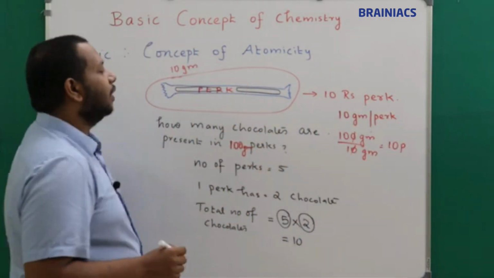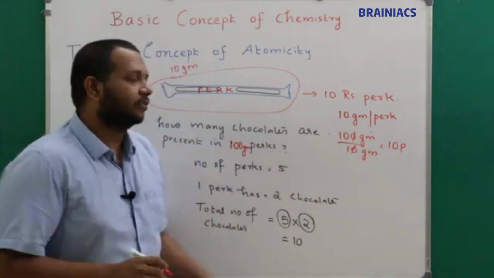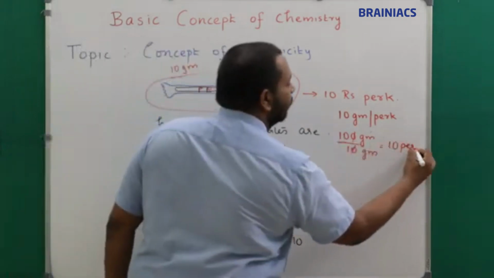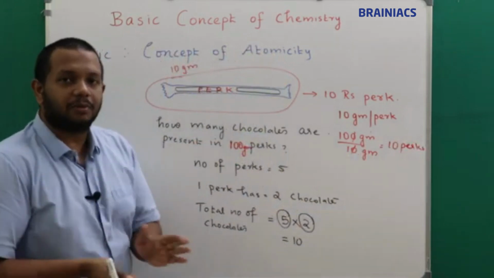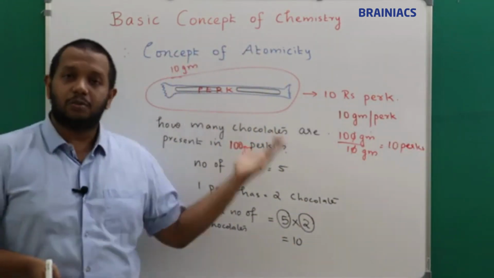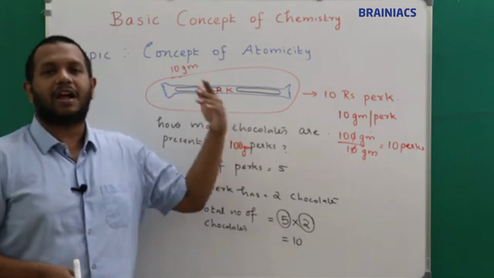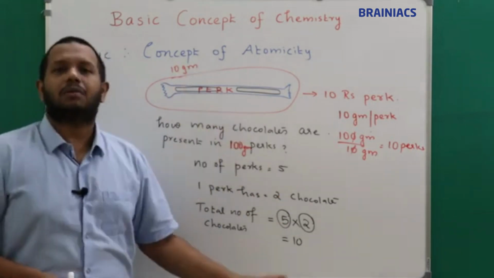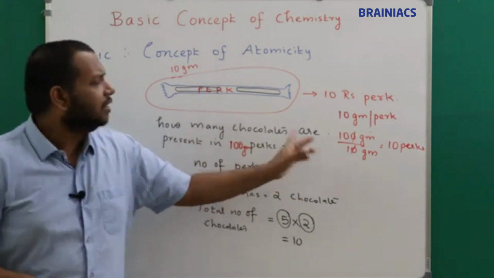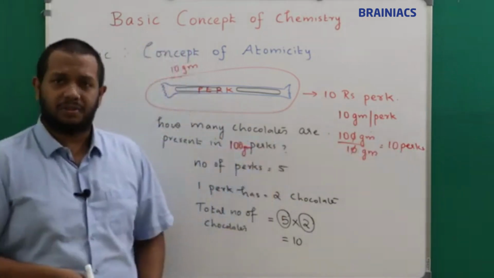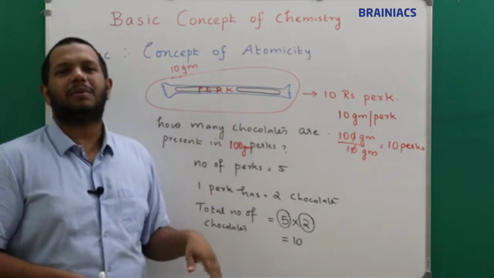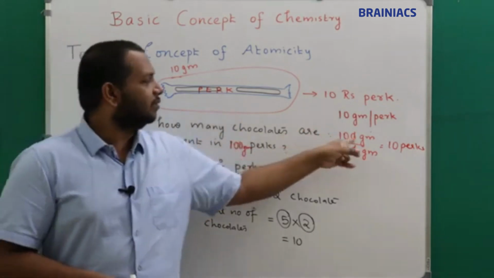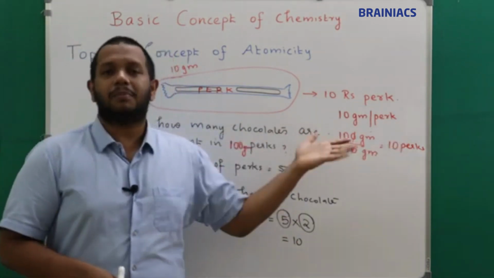Understood? So first you are calculating the number of packs, that is, the number of molecules. That is what I initially told you. Whatever they give, mass, number of moles, number of gram molecules or volume, convert that to number of molecules first. Here they give the mass, so I have converted that into the number of packs, that is, the number of molecules.